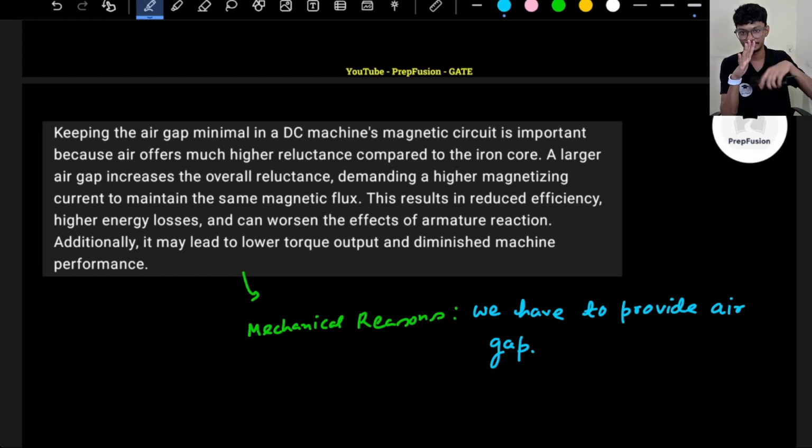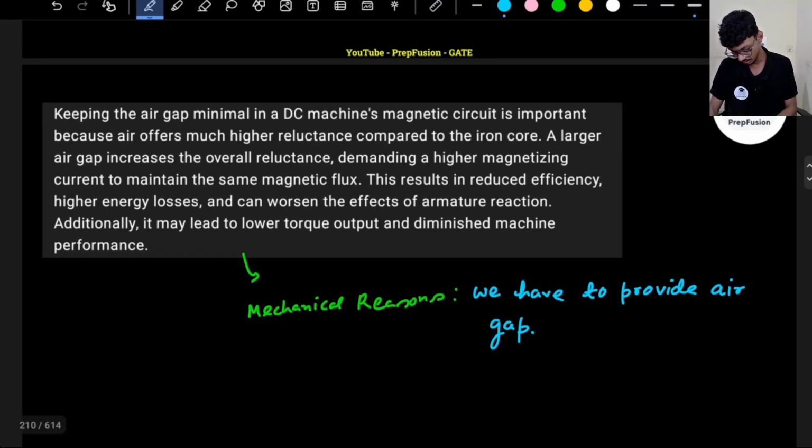It will damage the poles, or the armature will get damaged. Of course I don't want this. So that's why we have to maintain a proper air gap for physical, mechanical reasons, for safety concerns, for the safety of the machine and of yourself as well.